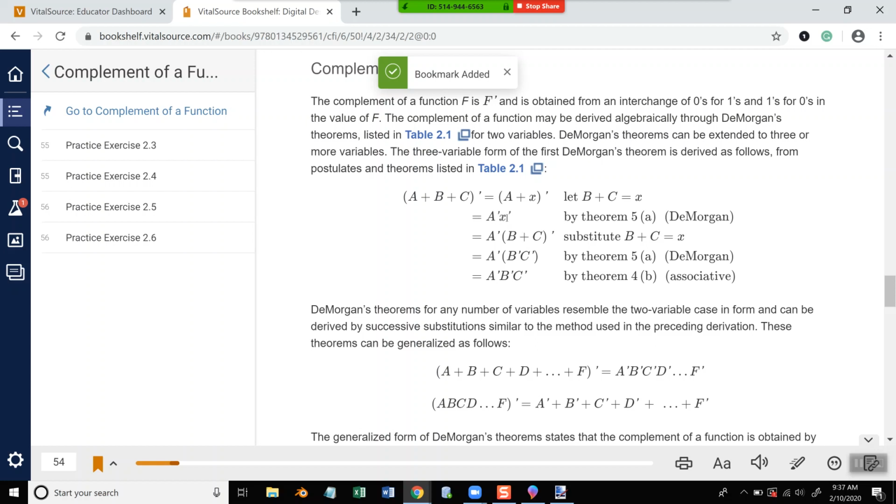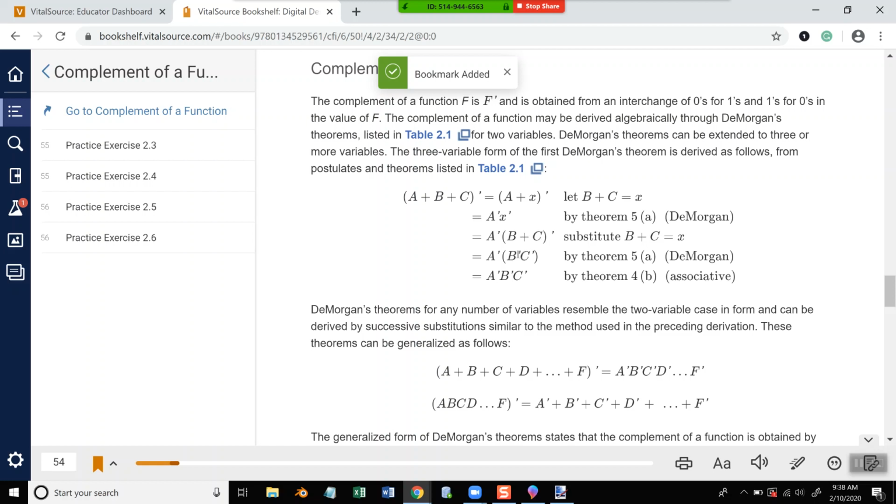But then going back, we said that the x is equal to b plus c, so you plug b plus c back in. And so you've got this setup right here. Now from De Morgan's theorem, just applied to two variables, you've got b plus c, or b or c, and then a prime on there.